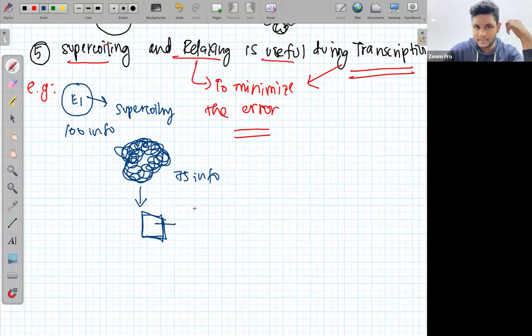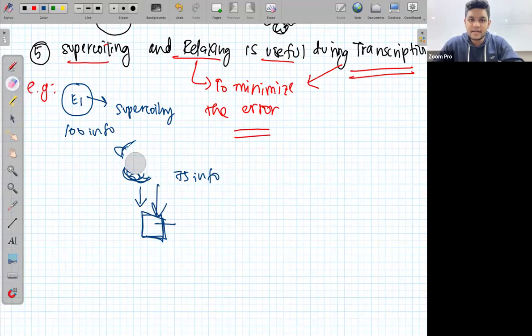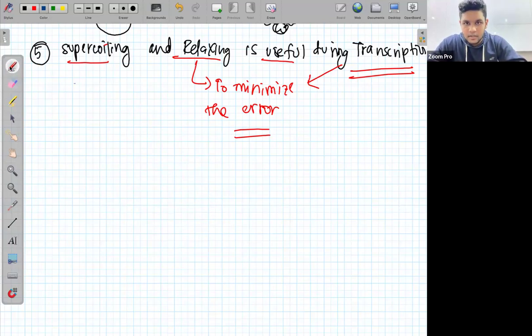Because some information has already been lost, during protein synthesis there are chances that much more information might be lost. So it might be an inefficient process if there is no relaxing involved. That is what they are saying: supercoiling and relaxing are useful during transcription. Is it clear? That's all for DNA packaging in prokaryotes.